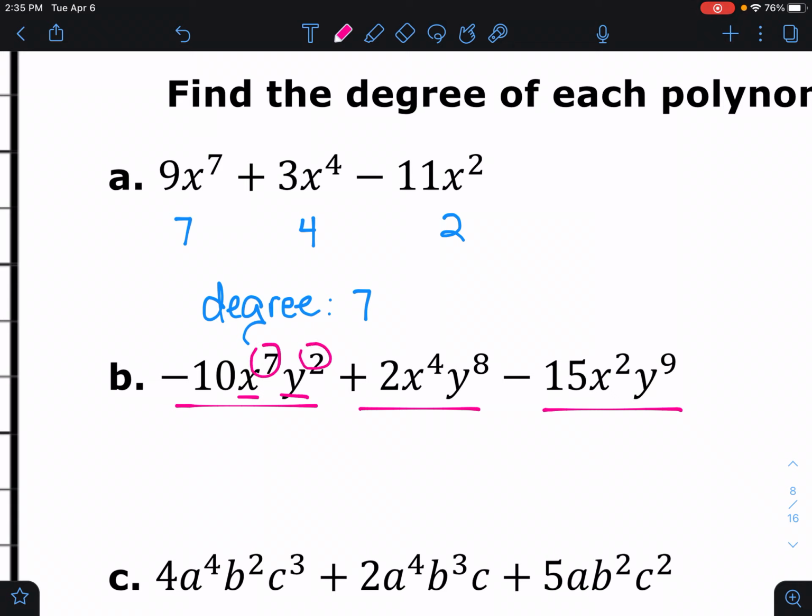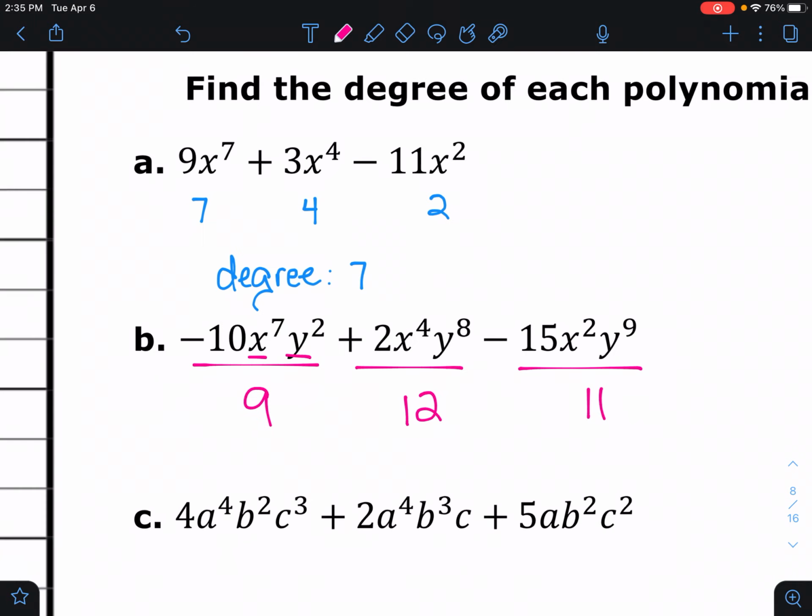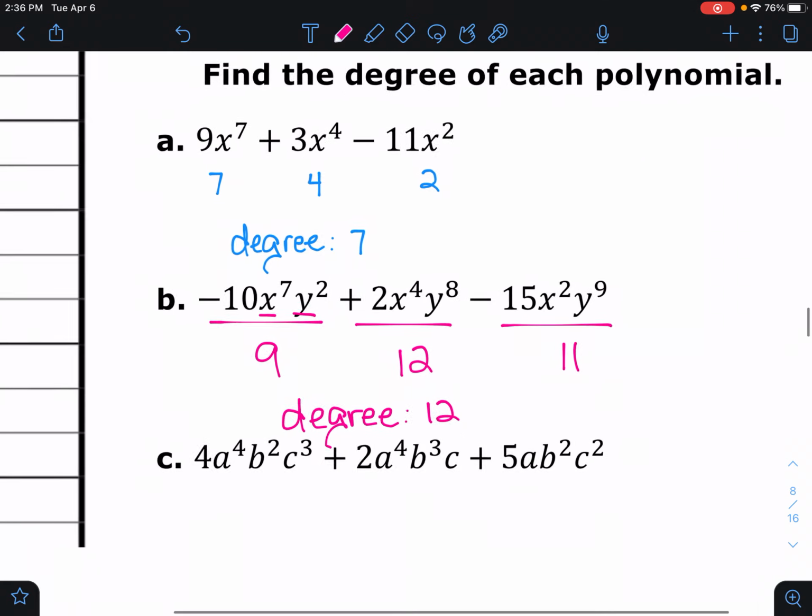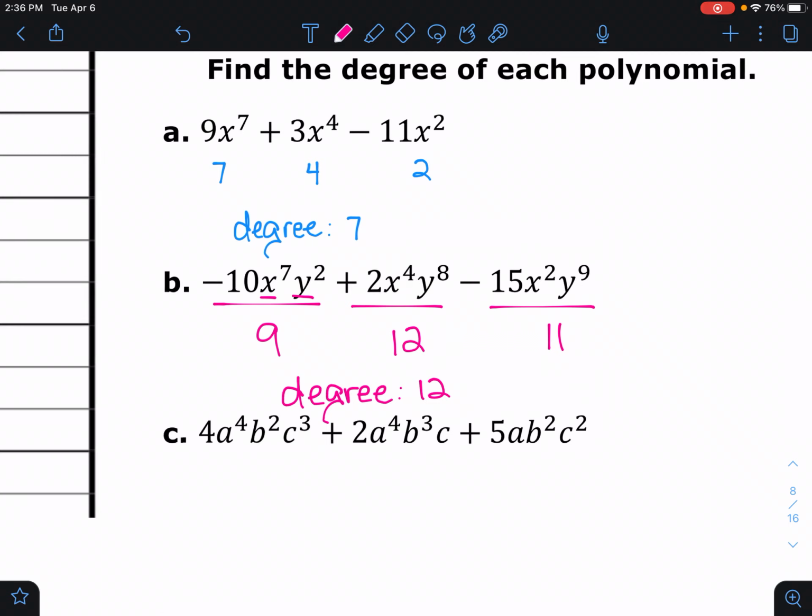I do want to add those together. So this would give me 9. This one would be 12. And this one would be 11. Now, which one is the biggest? 12. So the degree here would be 12. Okay? So take your time, find the degree of each monomial first, and then whichever one is the biggest for the polynomial is going to be your degree.